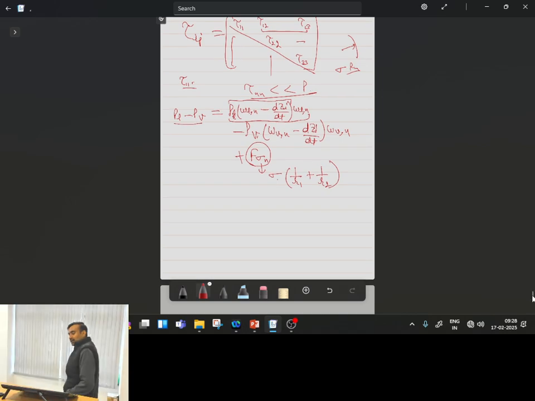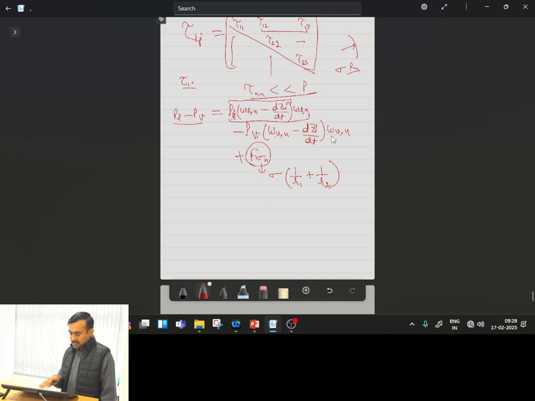Now, in some situations you will find that the difference between incoming momentum and outgoing momentum is very small in comparison to the pressure forces.